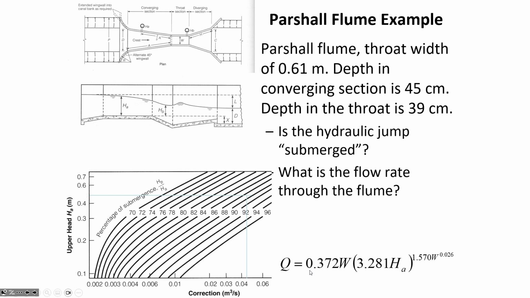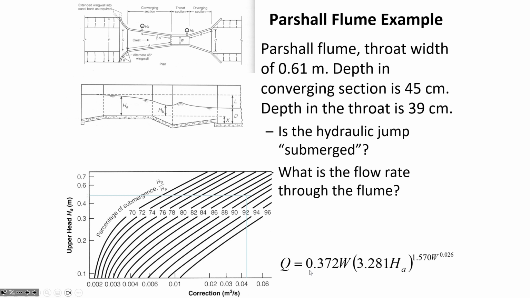So in our case, what we know is H sub A is given as 0.39 and the width is 0.61. So if we just make those substitutions into the equation, then we can start to get a sense for what the free flow capacity would be.